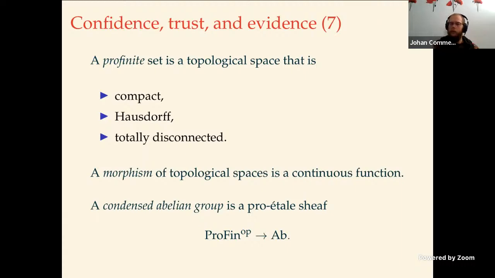So probably Lean knows that the opposite category of profinite sets is equivalent to Boolean algebras. I'm pretty sure it does. But we didn't use that equivalence in this project. To the extent that you can say that Lean thinks, maybe the answer to your question is it doesn't make sense. But to the extent that Lean thinks about profinite sets, it thinks about them in the way I presented on this slide.